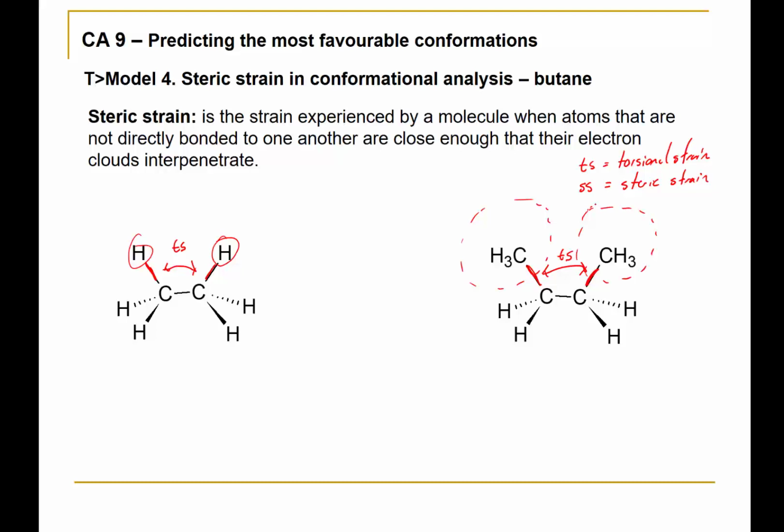And so in addition to having torsional strain, these methyl groups in this eclipsed conformation come close enough to one another that we also have this steric strain. These arrows that I'm using here are not meant to represent resonance forms. I'm just saying that you've got the steric strain as well as the torsional strain.